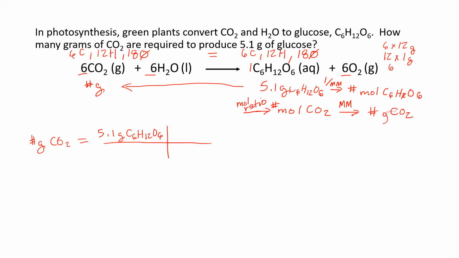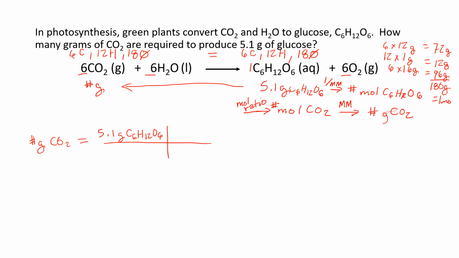And we've got 6 oxygens, so that's 6 times 16. So we get 72 grams here, 12 grams here, and 96 grams here. That gives us a total of 180 grams for glucose, which is also equal to what?